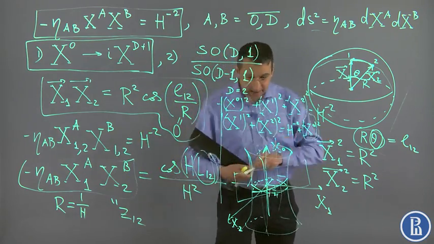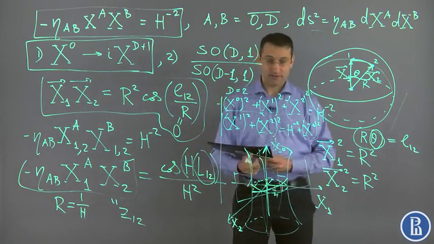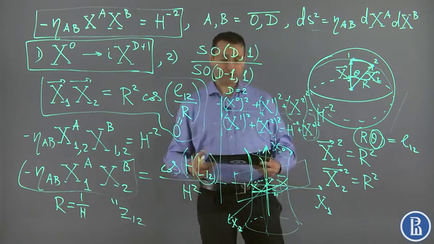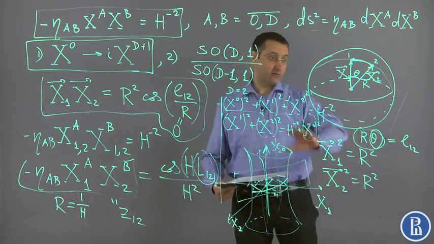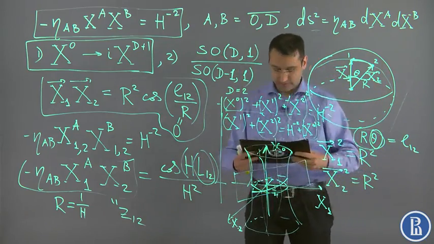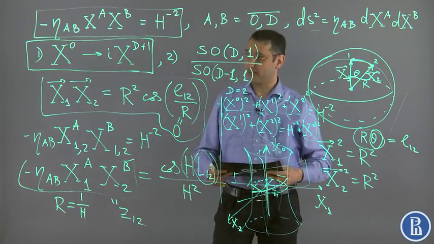And these are light-like geodesics in two-dimensional de Sitter space. So this classifies all possible types of geodesics in de Sitter space. And the situation is very similar to the sphere, which can be seen from the Wick rotation.